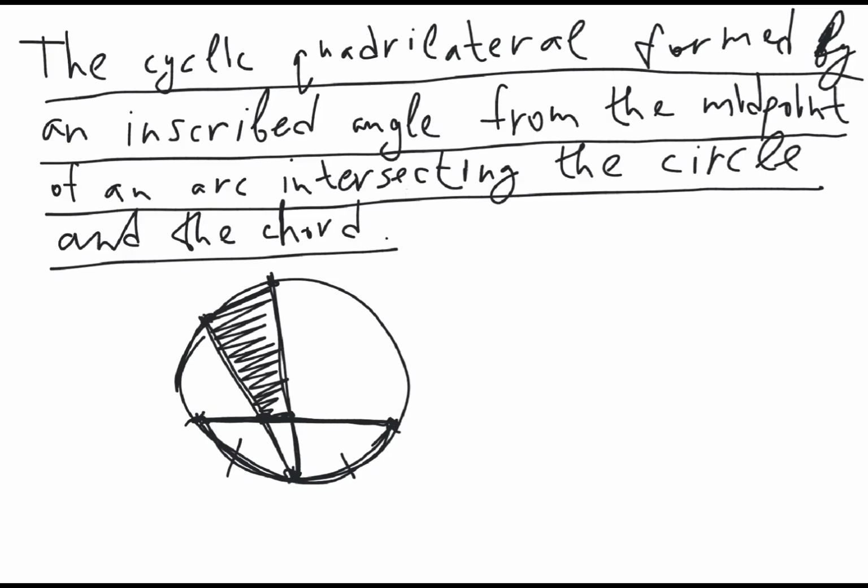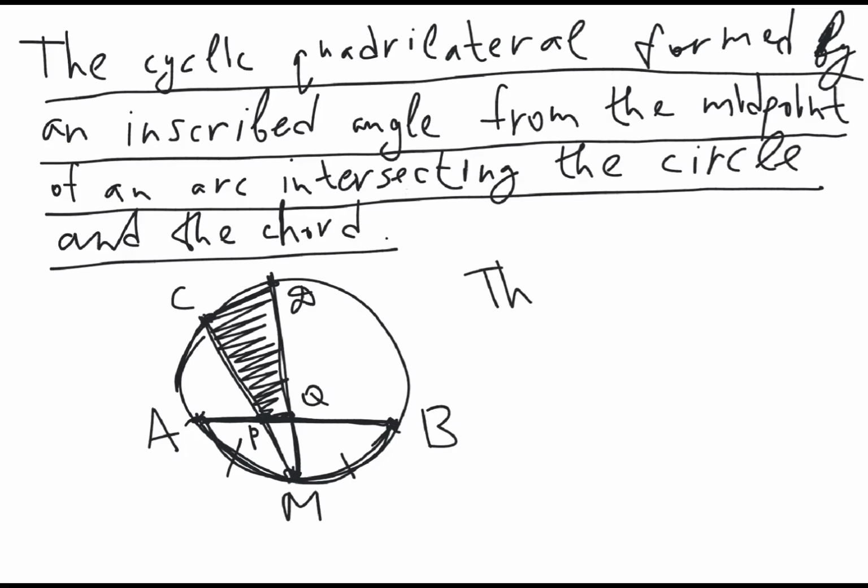If you denote the points, let's say that this is A, B, this is M, this is C, D, and this is P, Q.